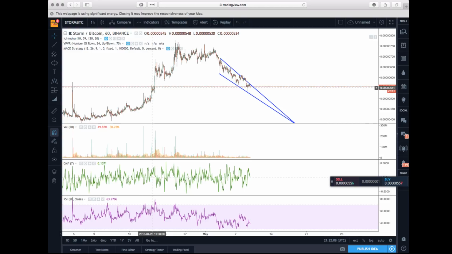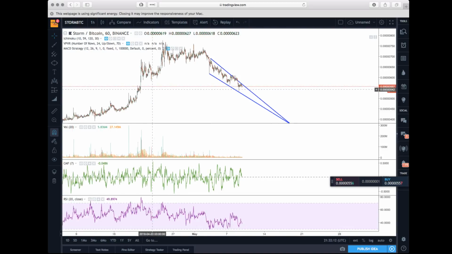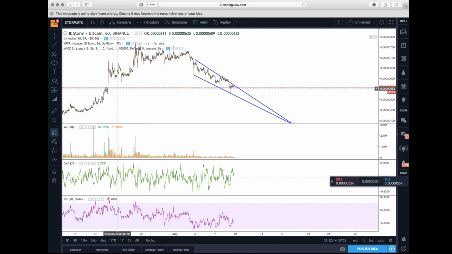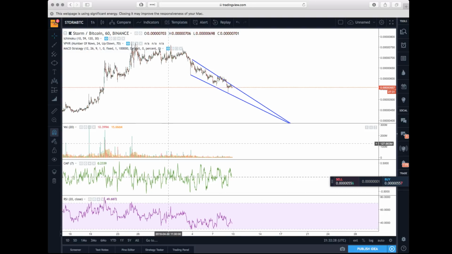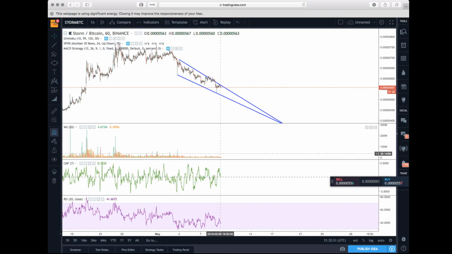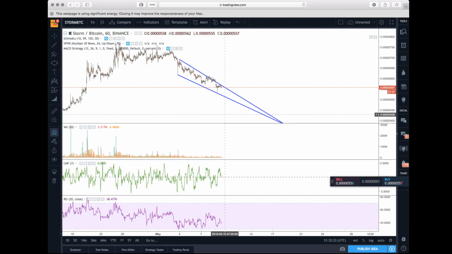If I zoom out, you can see we had a peak here. We had some action here in the past. And so this is definitely an area of support. Looks like we're sitting on that area right now. And as the price is coming down, the volume has also been coming down. That's generally a sign to me to look for a reversal.